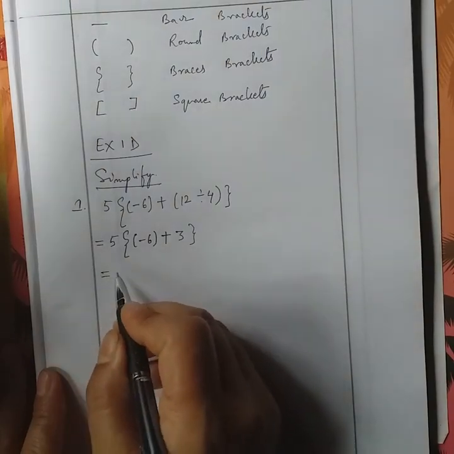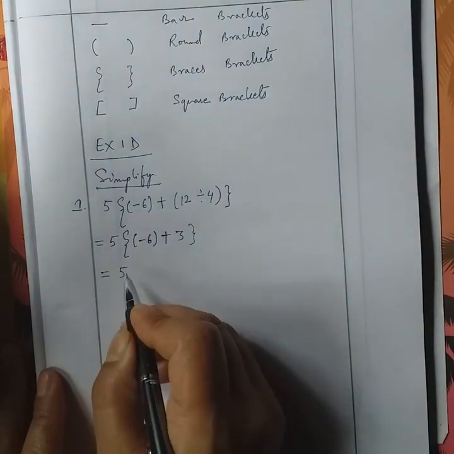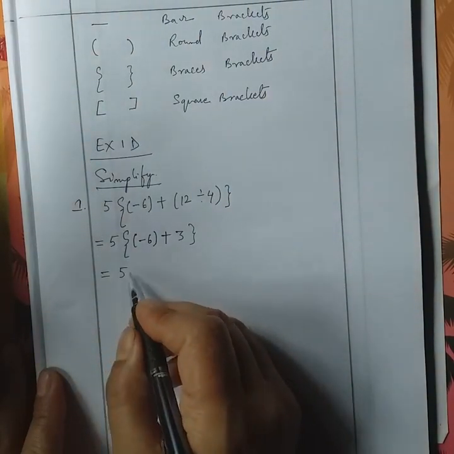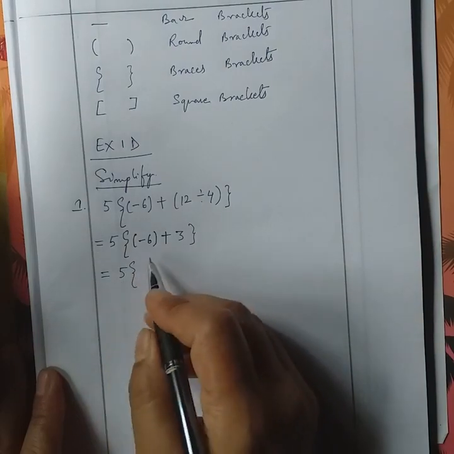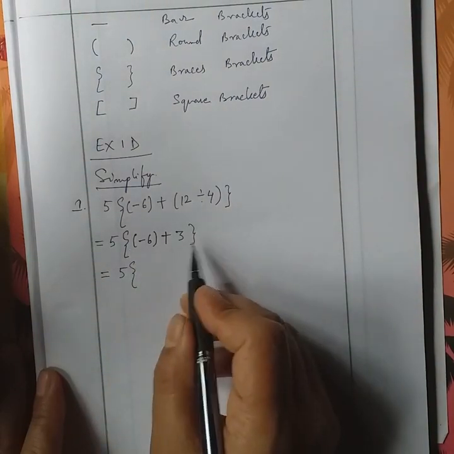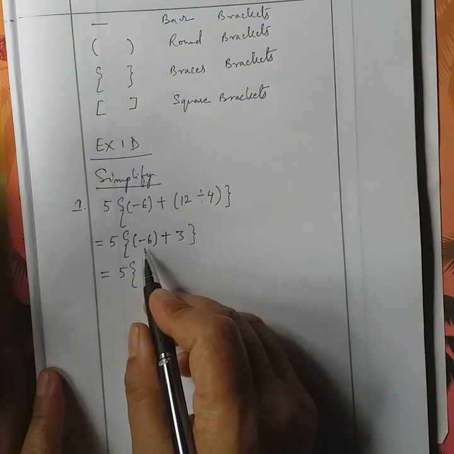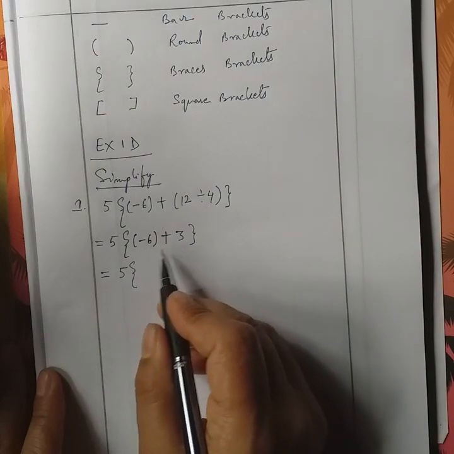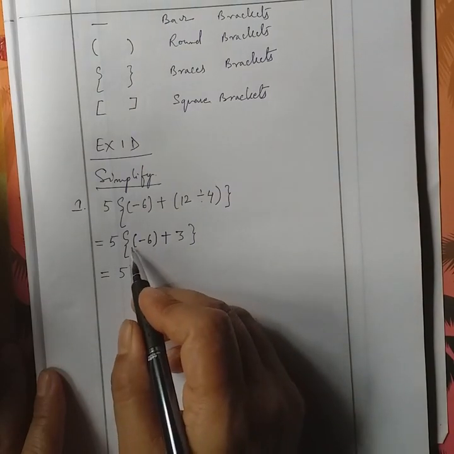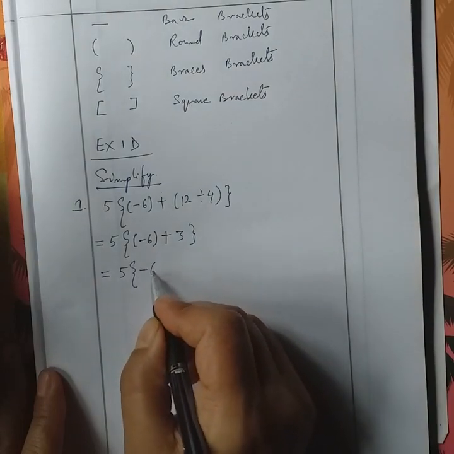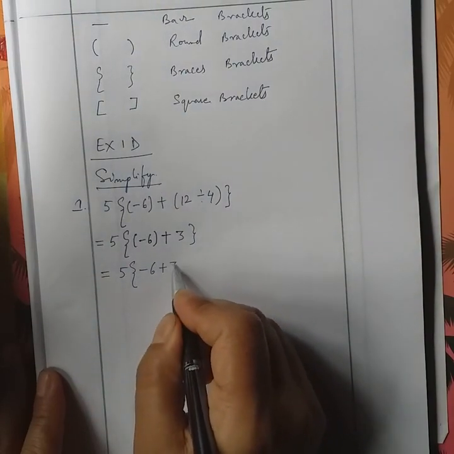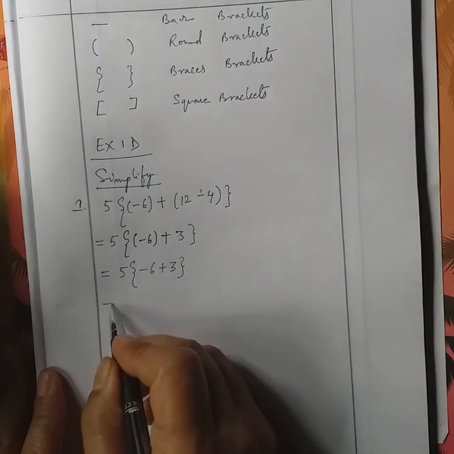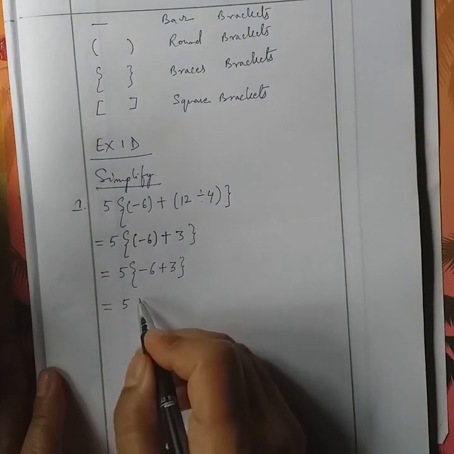You can see we are solving very easily. Now again we are copying 5 as it is. Inside this bracket we have to solve. This is a negative number, this is a positive number. So first let us remove the bracket. Minus 6 plus 3, and now here 5 is outside.